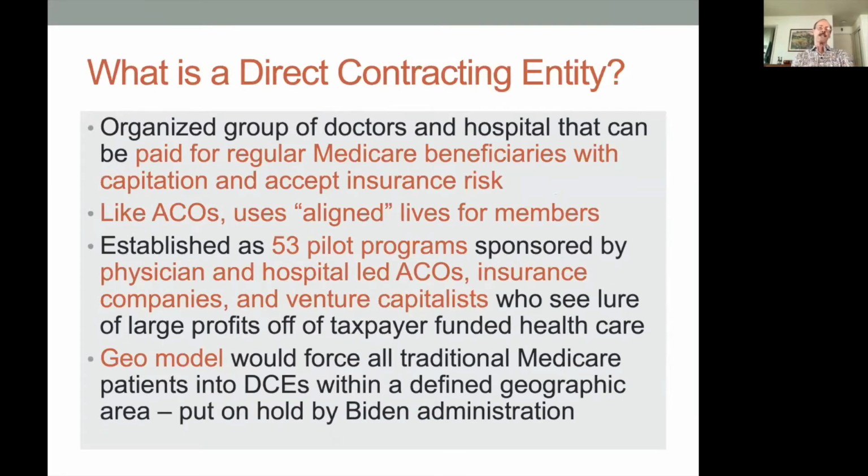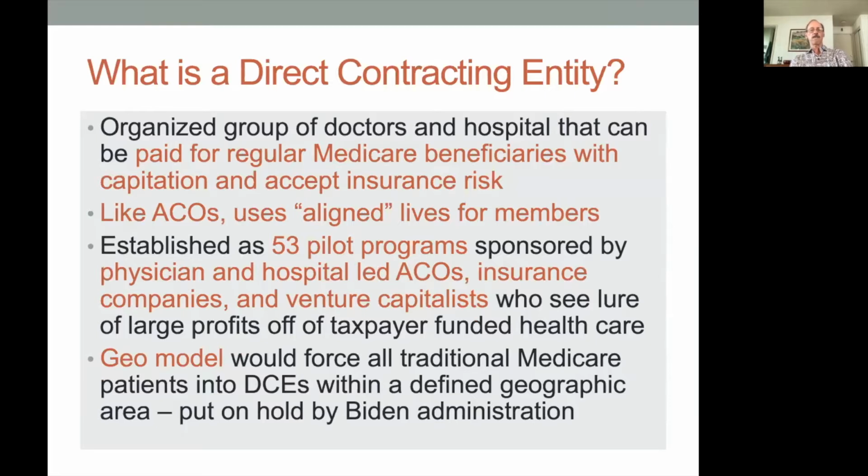So a direct contracting entity is a new animal that's created to get the rest of regular Medicare captured by capitation and fiscal intermediaries, or basically to privatize the rest of Medicare. And like ACOs, you don't sign up for a DCE. Whoever you see for primary care, if they joined a DCE, then you get aligned with that DCE, using the terminology CMS is using.